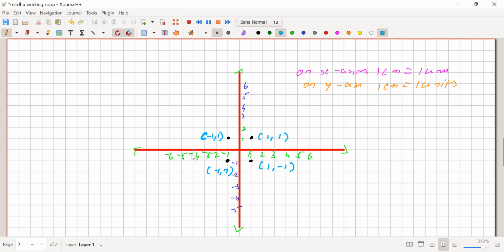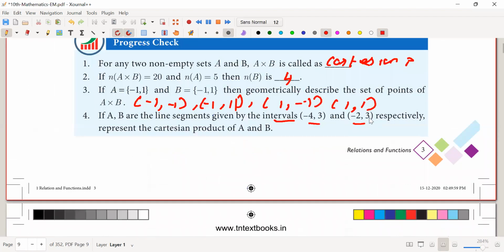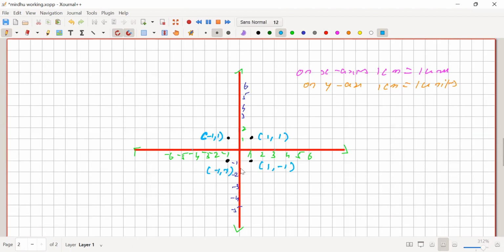Then the next one is minus 2 to 3. Where is the intersection between these two? The resultant will be here. Totally, it will be here. That's the result we'll be getting.